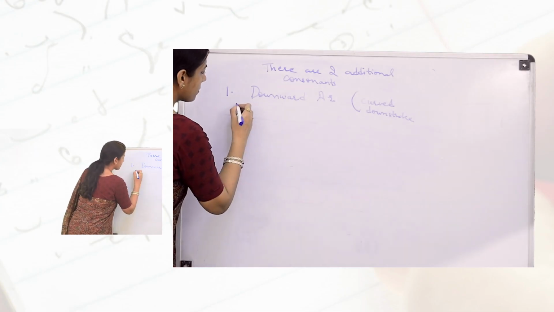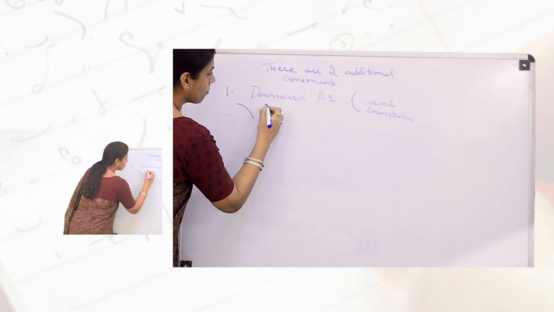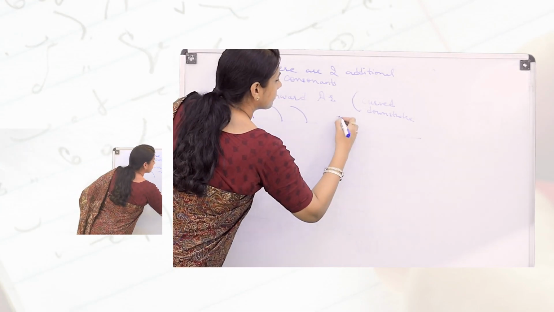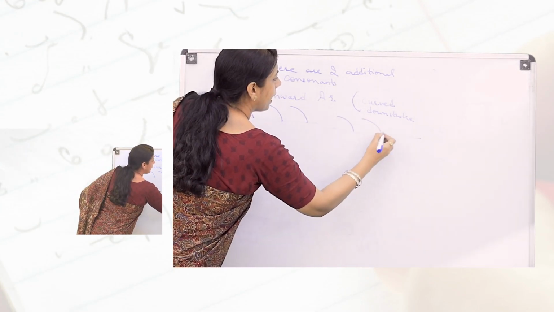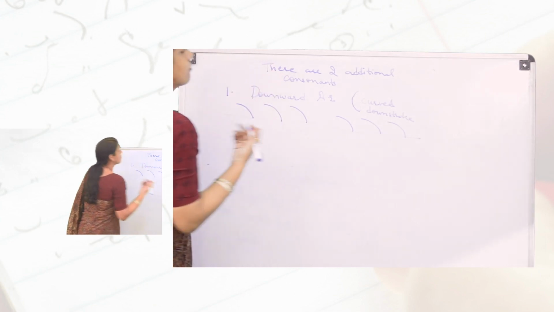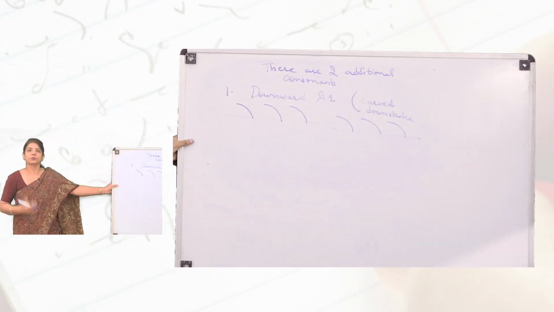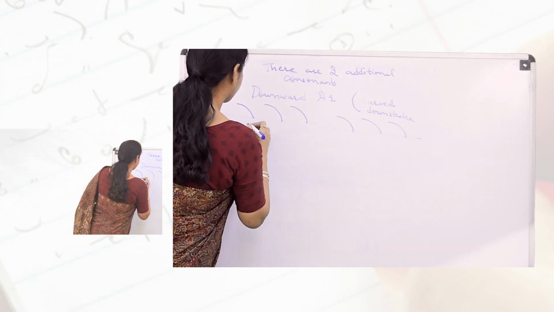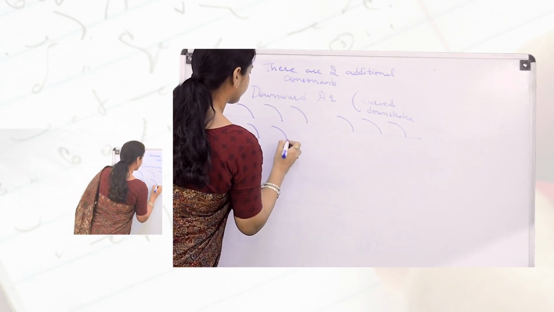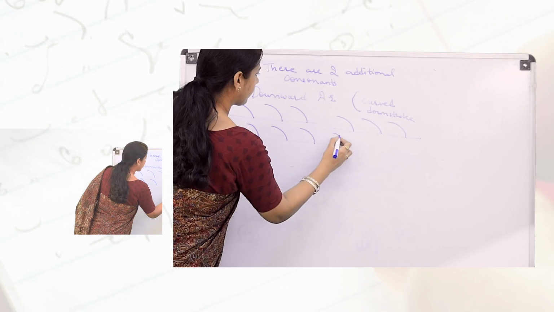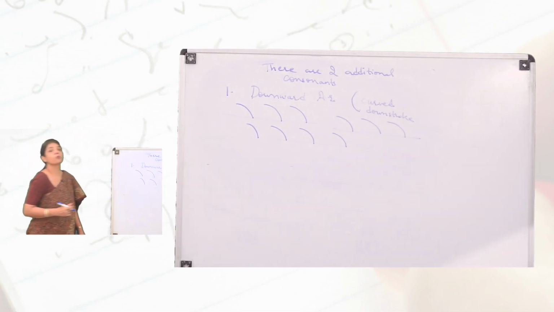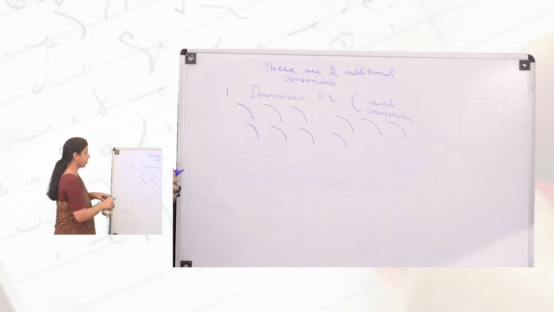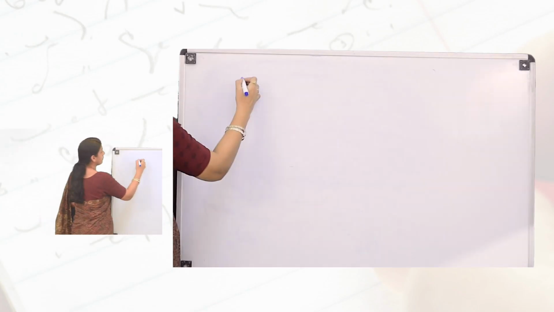Why? Because it is written with the help of a curve from top to bottom. And it's a light consonant, because for downward R we are not putting any emphasis on the sound when we are pronouncing it. So it is just a light consonant. This is downward R, written in downward direction with the help of a curve from top to bottom.